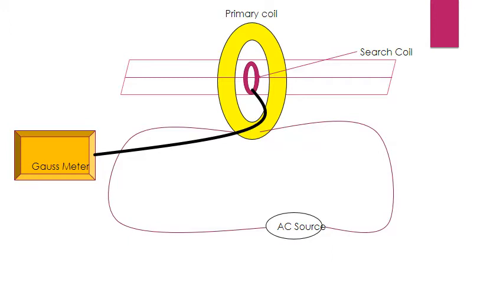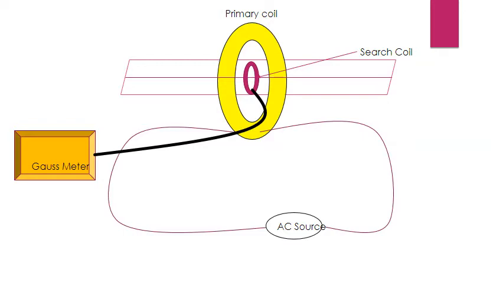Because it is an alternating current, the magnetic flux is always changing with respect to time. Next, the central coil is called the search coil or secondary coil. It can sense the magnetic field.